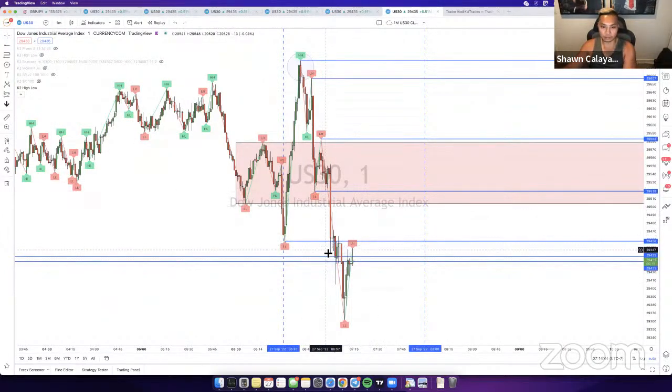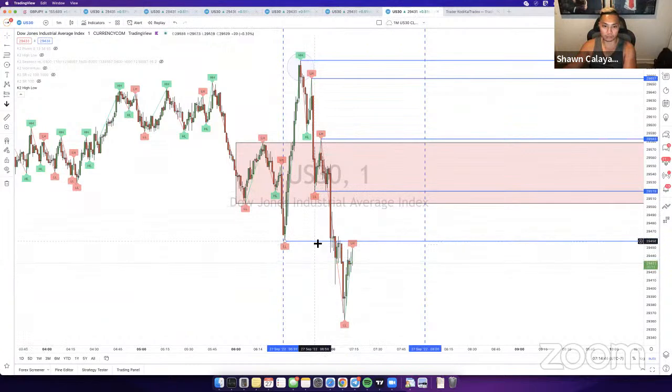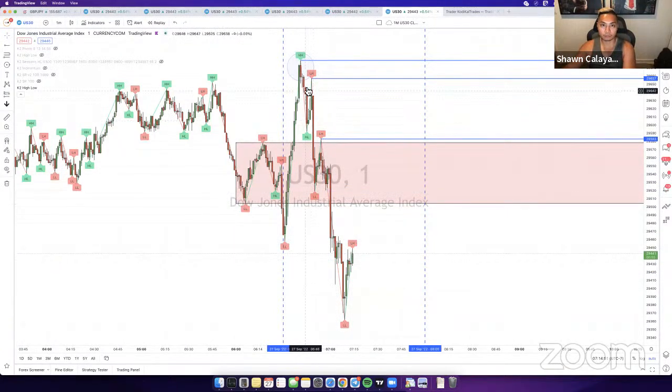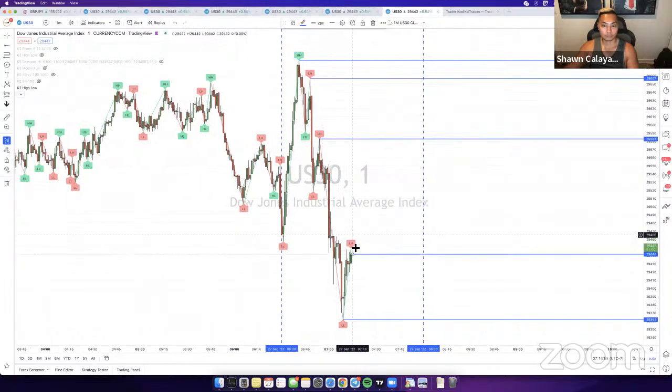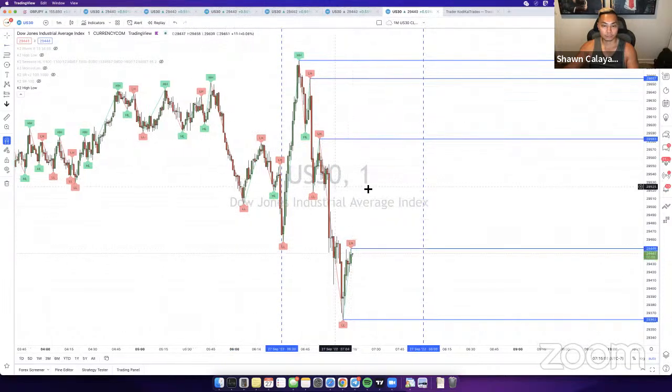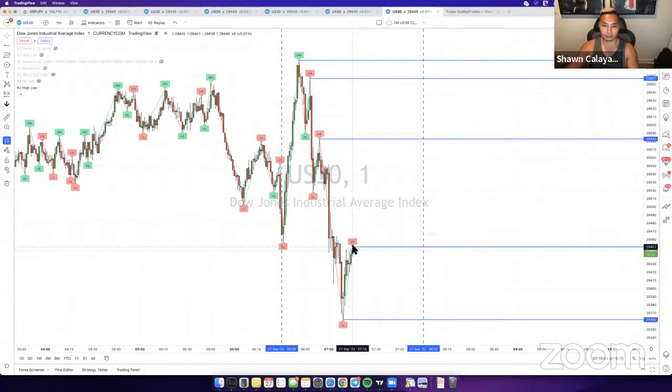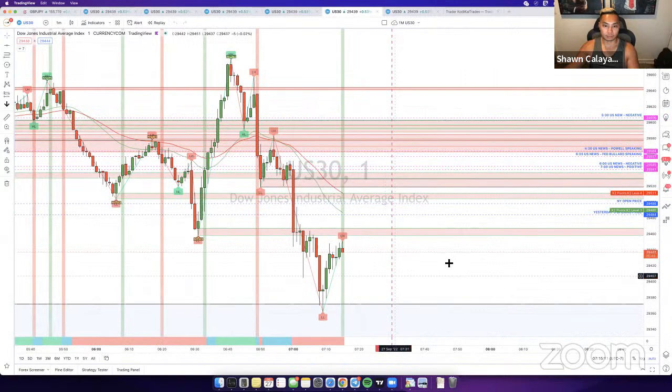I gotta go and update these zones real quick, or not zones, but these high lows on the clean chart, or what we consider the clean chart. Maddie said looking for an SR entry only here, not a good place to trade right now. Yeah, and I agree too, Maddie. Not really a good area to trade right now.